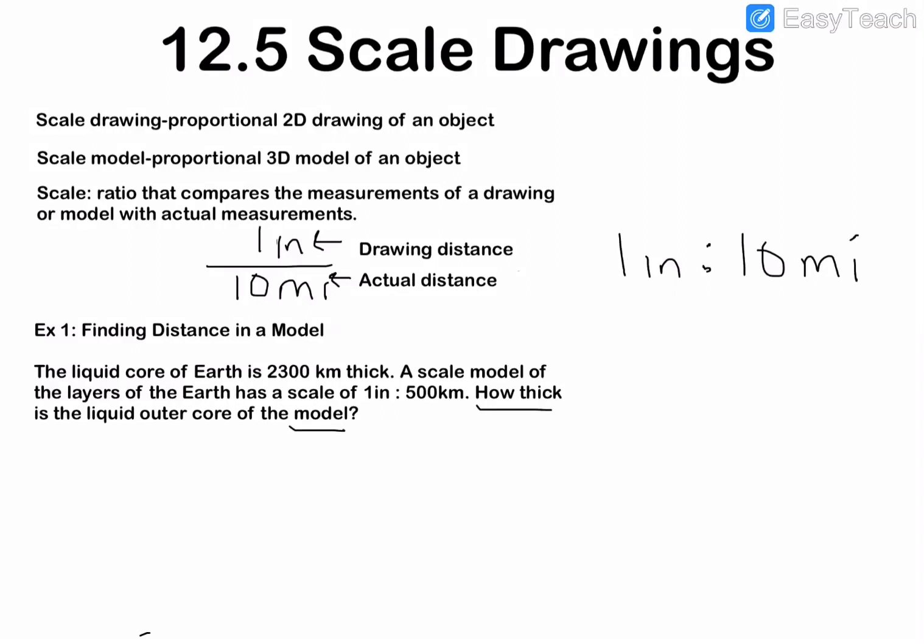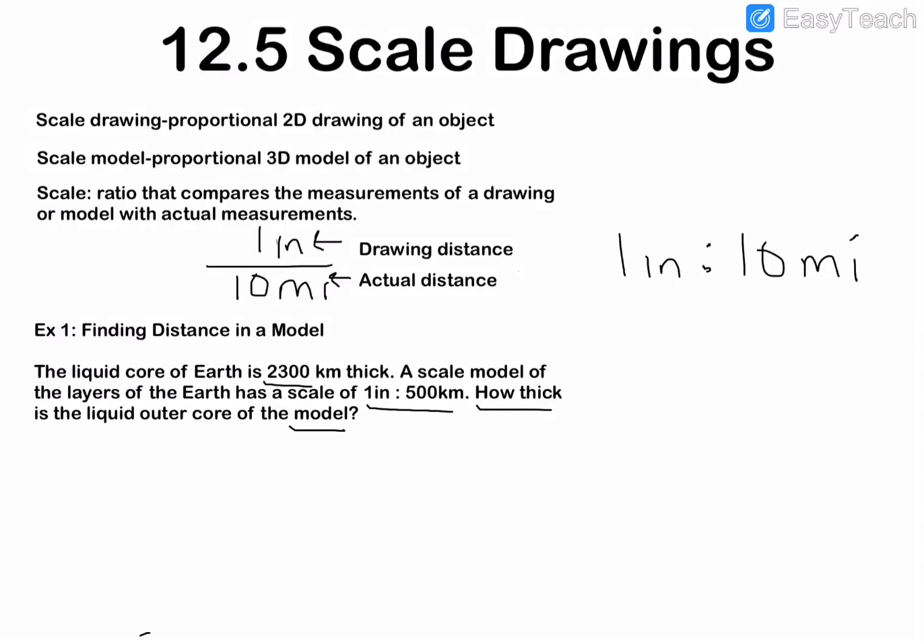Okay? It gives us our scale. Our scale is the 1 inch equals 500 kilometers. The actual thickness of the Earth is 2,300 kilometers, and then we are looking for how thick the model is. So we need to write a proportion.